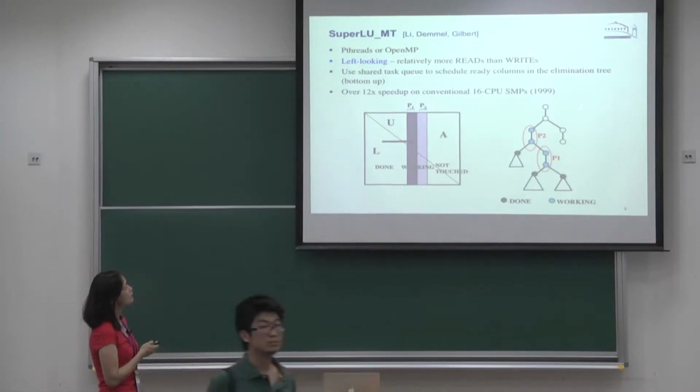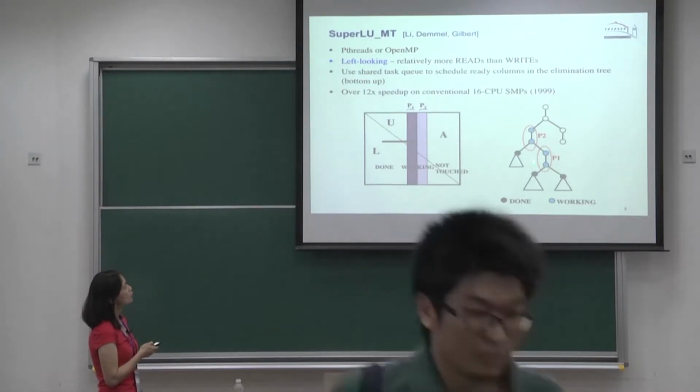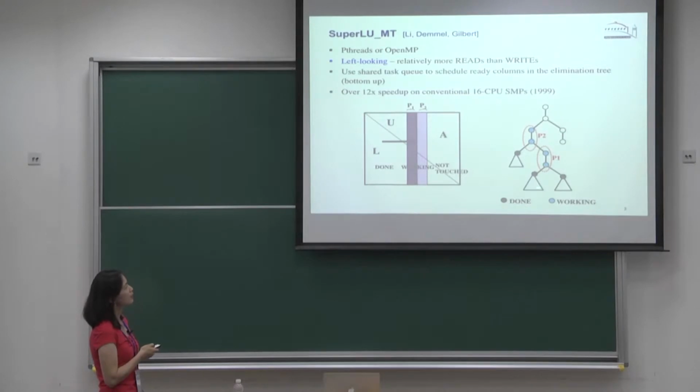And look at this dependency graph. P1 will need to accumulate a lot of updates from its descendants. P2 will accumulate a lot of updates from the descendants here and also some of the descendants here. But P2 will also need to update the two columns here, for example, from P1.